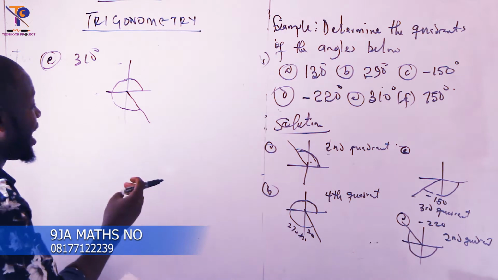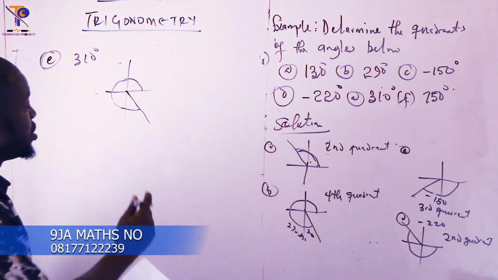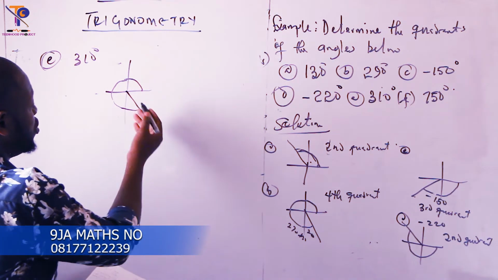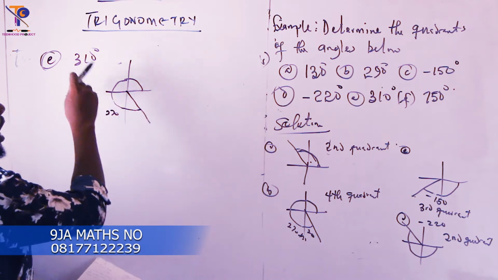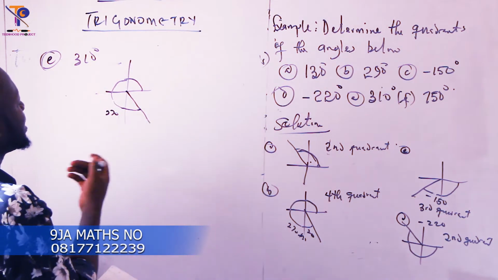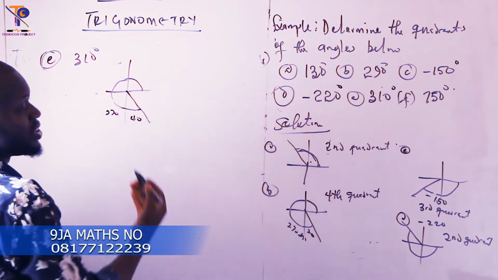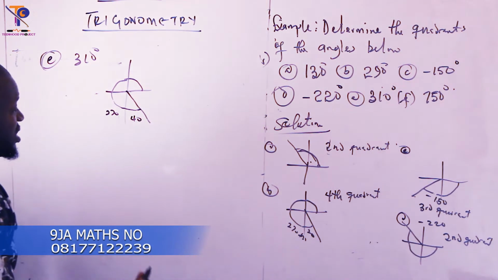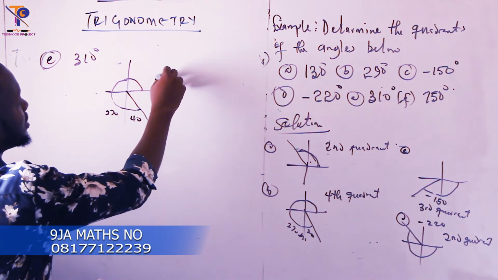The measurement is not important here. All you need to do is be careful to know this is 270, and if you take 270 from 310, that is 40. So from here, this one is the fourth quadrant.